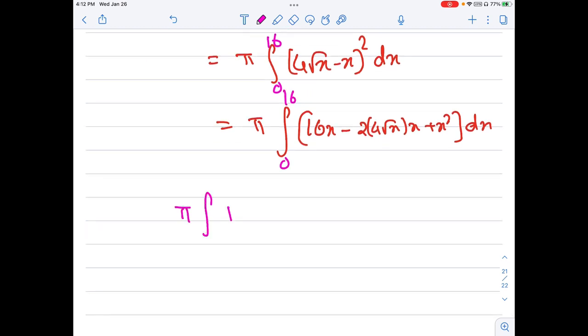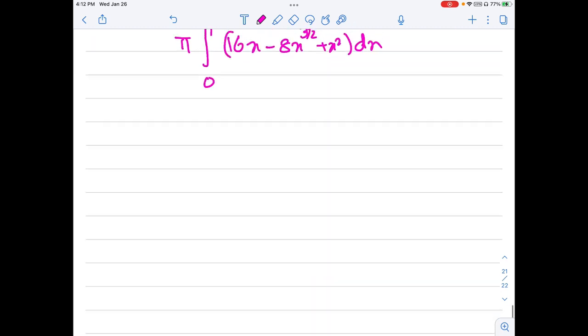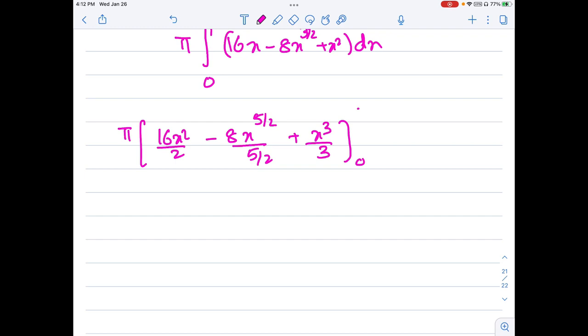Pi integral 16x minus 8x to the power of 3 by 2 plus x square dx from 0 to 16. So it becomes pi, 16x square upon 2 minus 8x power 5 by 2 upon 5 by 2 plus x cube upon 3, from 0 to 16.